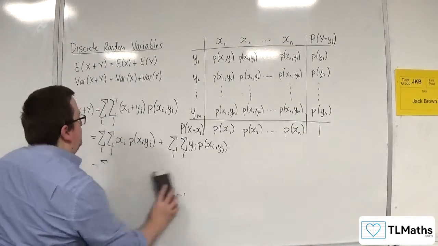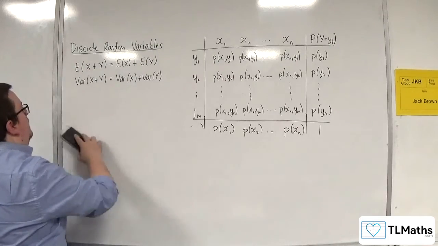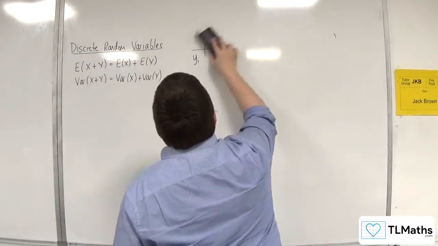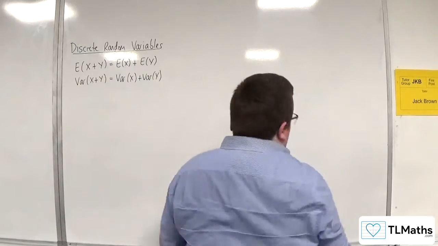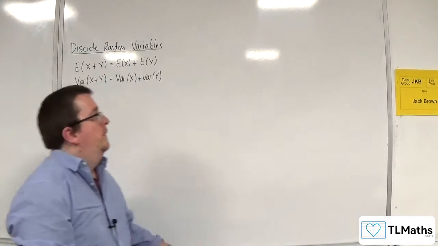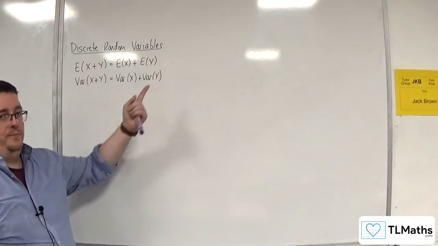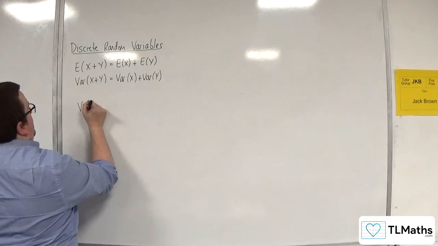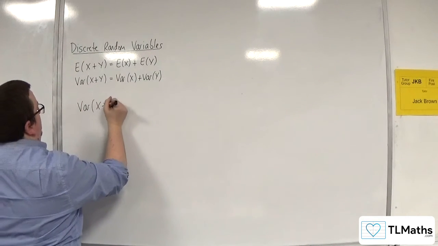I think you'll probably find the next proof more straightforward, because now I can utilise that result there. So we're going to start off with the var of x plus y.